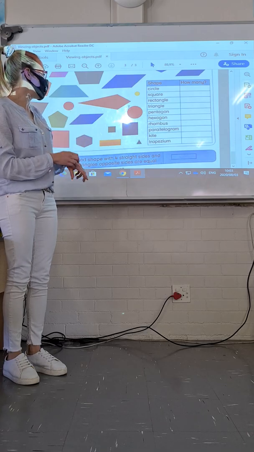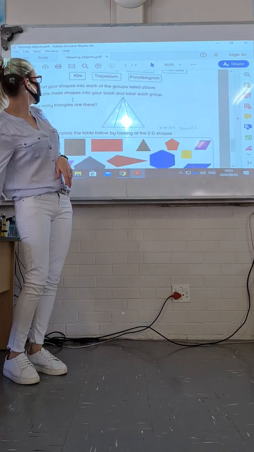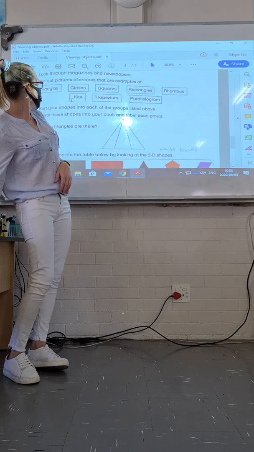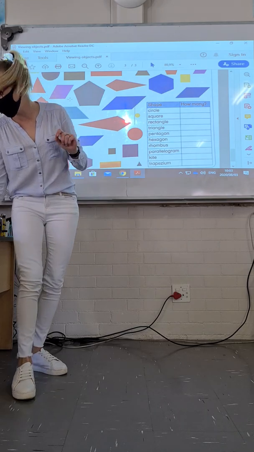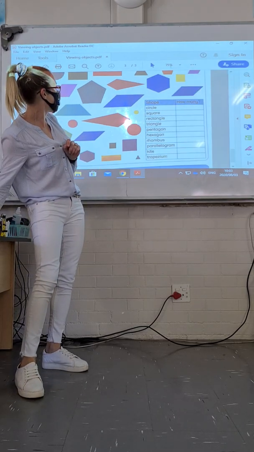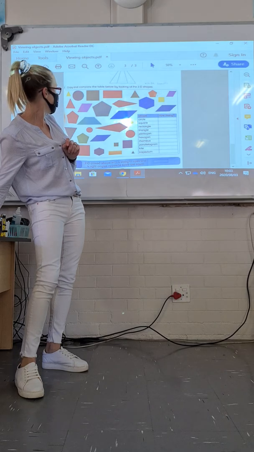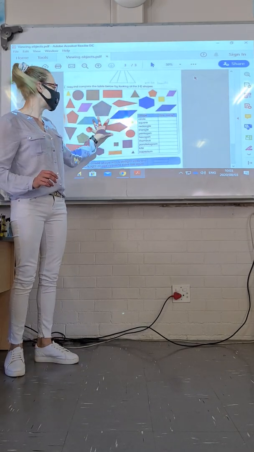Girls, you can take out the whiteboards now. Yay! And we are going to discuss, as I said, 2D shapes, but we're going to do them super quickly. So let me just zoom you out a little bit more. What you're going to do is, you've got this in front of you.